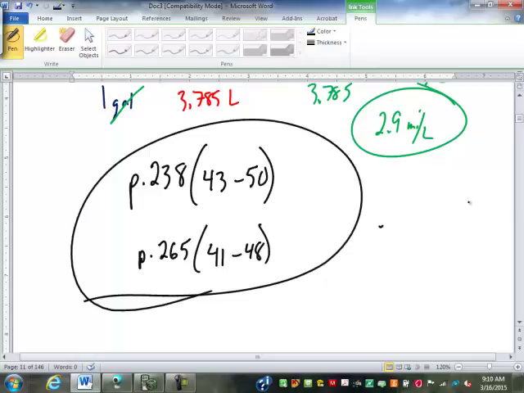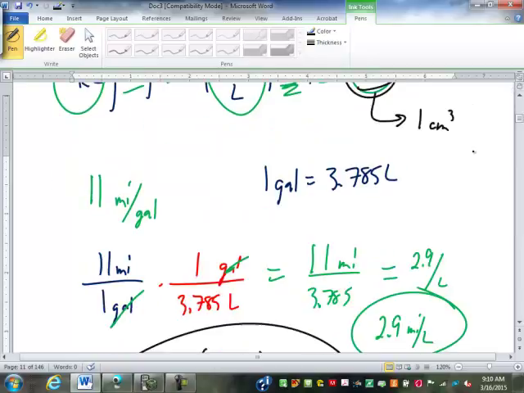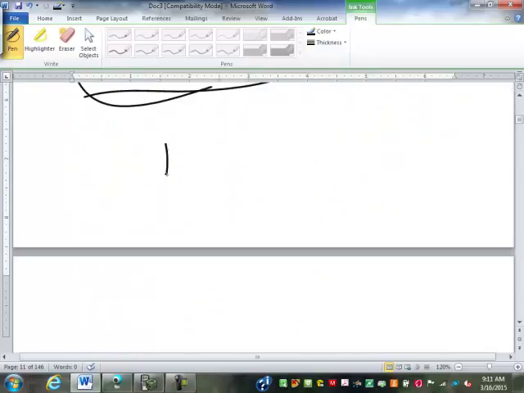Now, one of the nice things about the metric system, the definition of a milliliter is 1 centimeter cubed. It's 1 centimeter by 1 centimeter by 1 centimeter. So when you're looking at a motorcycle, let's say you've got a 1200 cc motorcycle. Anybody know what cc stands for?